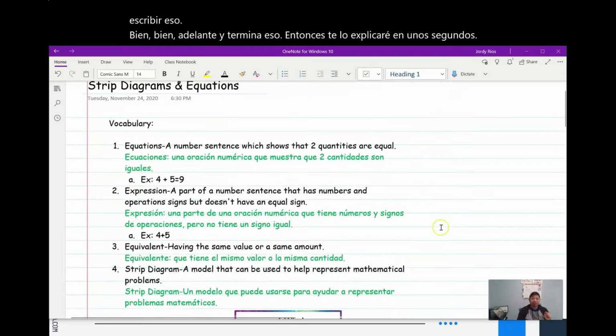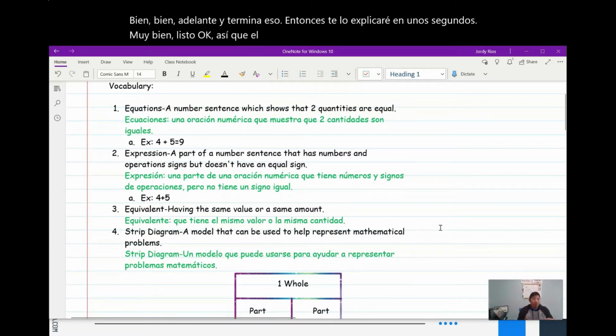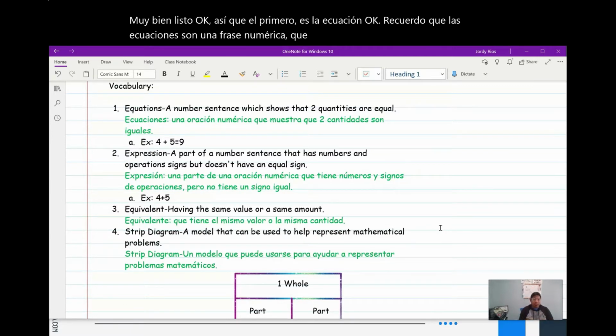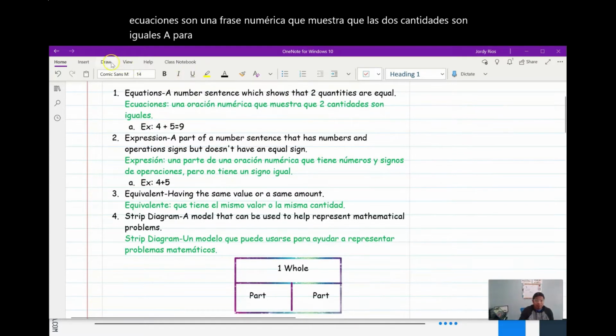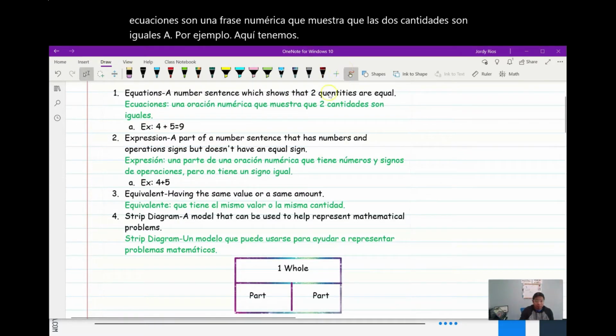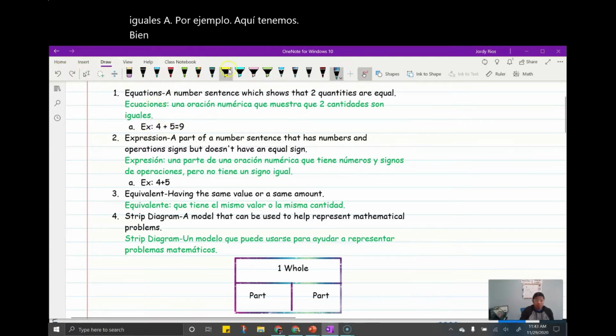Alright, ready? So the first one is equation. Remember, an equation is a number sentence which shows the two quantities are equal. For an example, here we have 4 plus 5 equals 9.